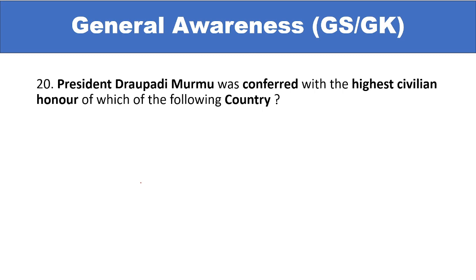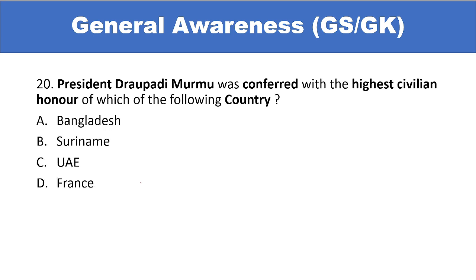Next. President Draupadi Murmu was conferred with the highest civilian honor of which of the following countries recently? Bangladesh, Suriname, UAE, France. The answer is Suriname. Next.